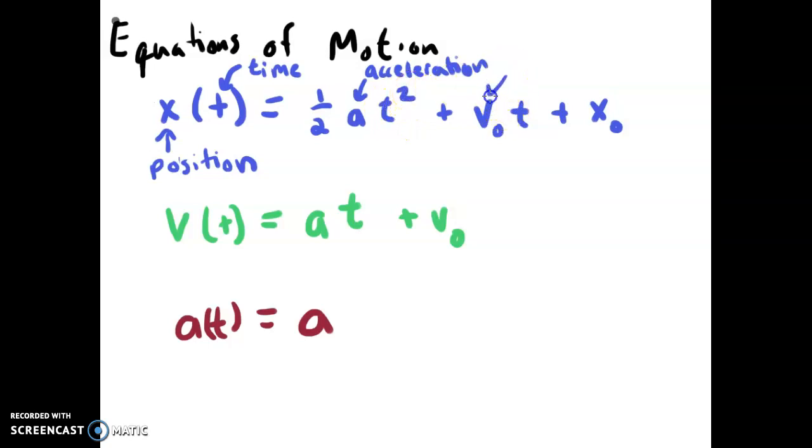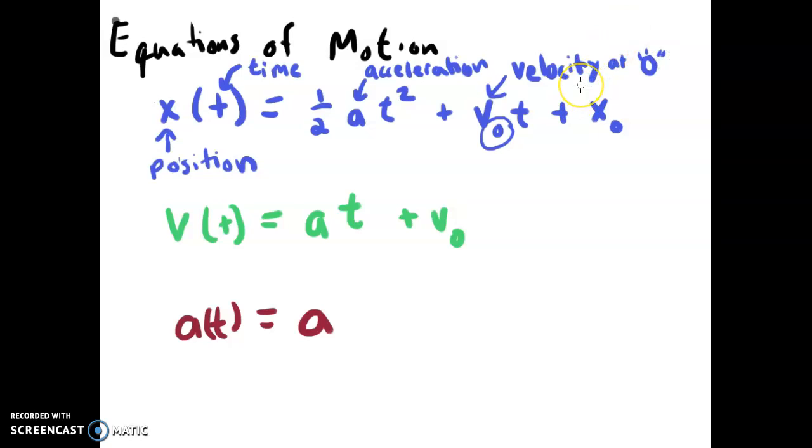V is velocity, but notice this symbol here. This 0 is actually naught, v naught. And what that means, v0 or v naught, sometimes you'll hear it both ways, is it's not just velocity, it's velocity at 0.